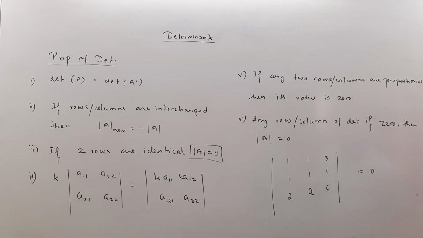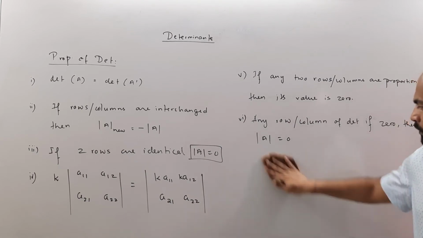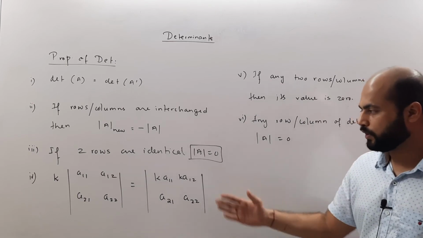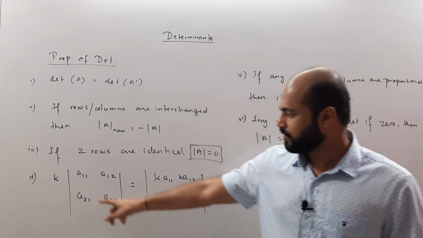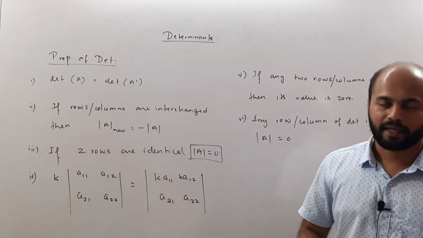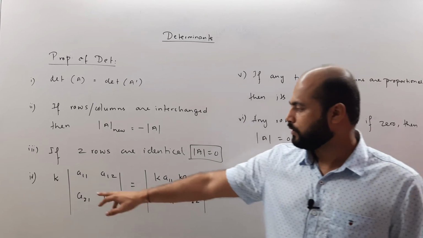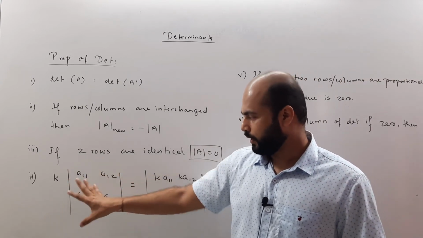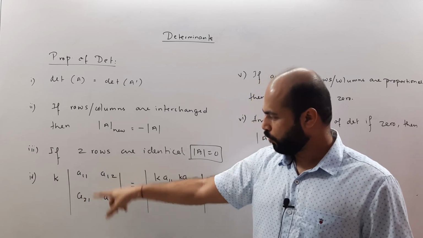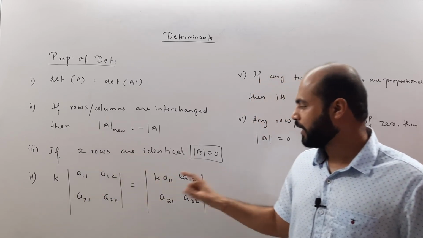The fourth property is regarding this, so I'll explain it over here only. If you multiply some constant k outside, it might be any number, any letter, any constant, the meaning is that it gets associated with either one of the rows or one of the columns, just like in this case.